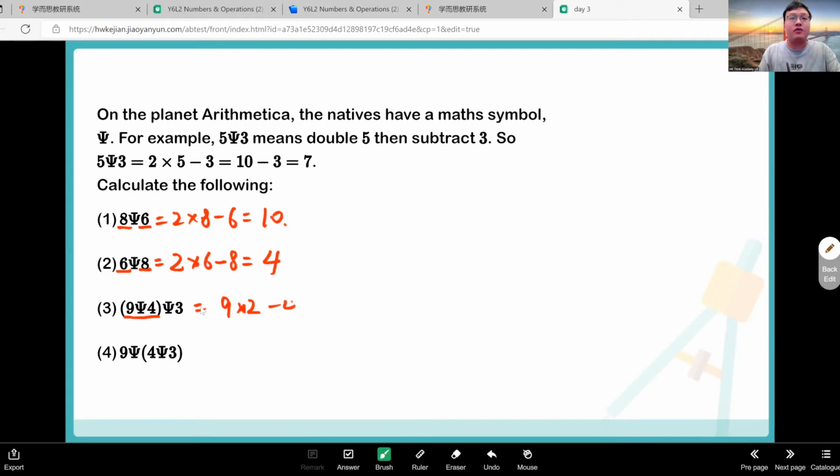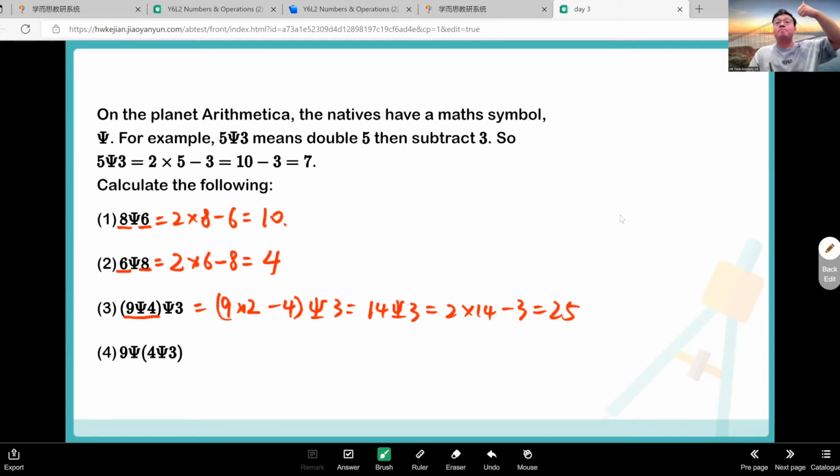And then take away 4. You got 14. Right? And flower 3. So that equals to 14 flower 3. So what are you gonna do? 2 times 14 first, and then take away 3. That's gonna be 28. Take away 3, we got 25. Yes, you're right. Okay.